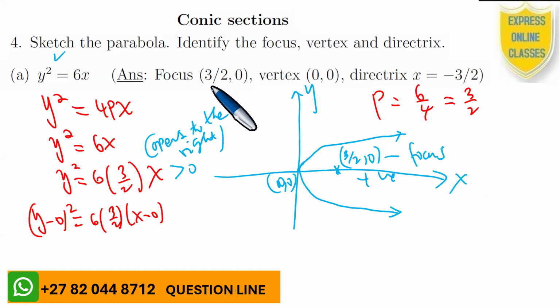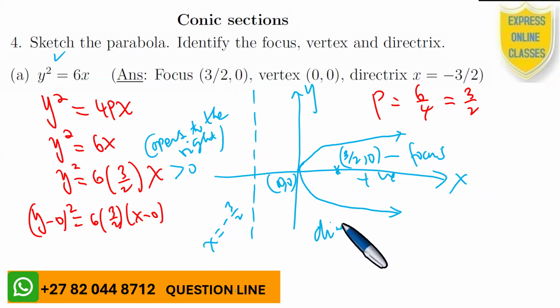Then there will be a point the same distance away from the origin as the focus, 3 over 2, but on this side, which is x equals minus 3 over 2. This is called the directrix, and the directrix is x equals minus 3 over 2.